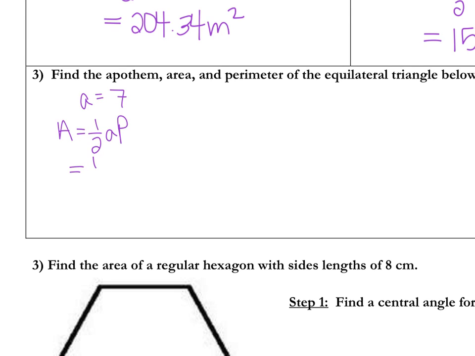So that's 1/2 times 7 times 3 times the length of the side, so 14 root 3. Go ahead and multiply this out, and you should get 147 root 3 units squared.